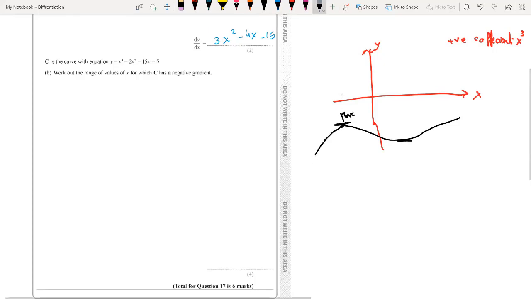So before this maximum, the curve is rising, so the gradient is positive. Then after the maximum, the curve is falling, so we have a negative gradient until this point, the minimum. Then after it, we have a positive gradient.